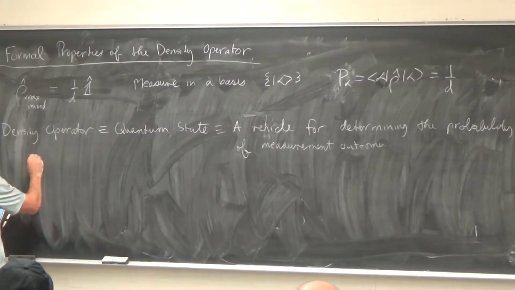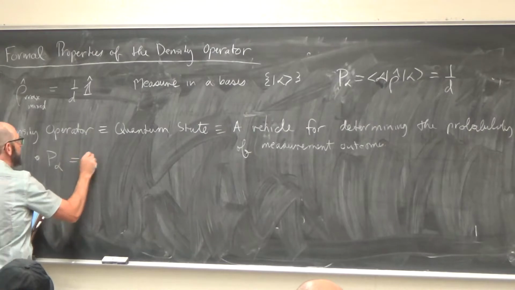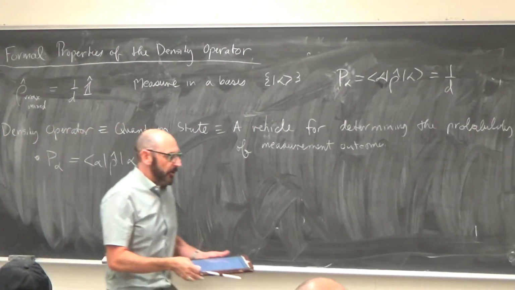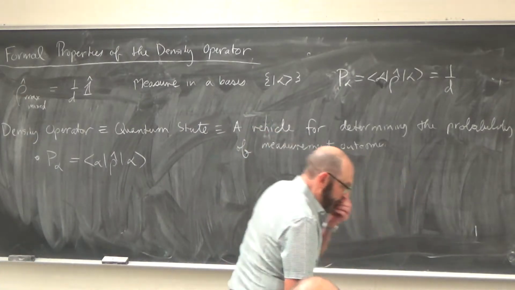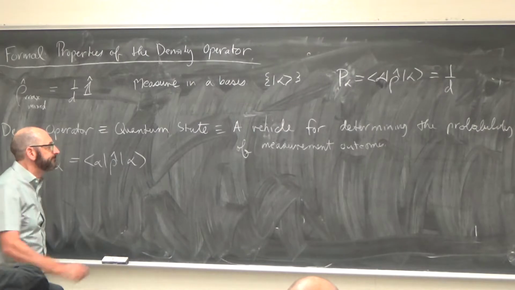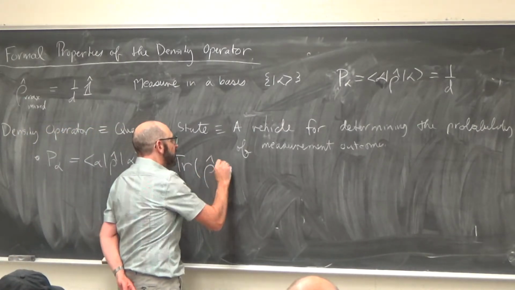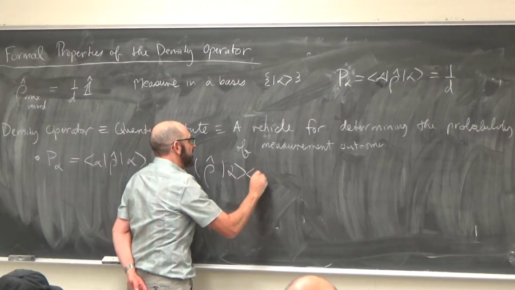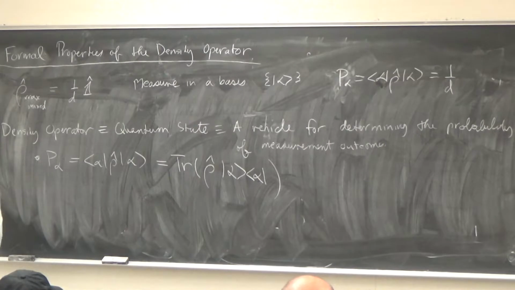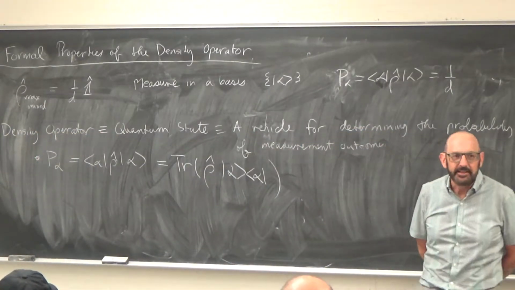We already said that right over here. If I want to know the probability of finding alpha, I do that. Now, another way to write this that you will see is useful is the following. I can write this as the trace of rho with that projector. A little exercise if you've never done it, we'll do for homework next week.